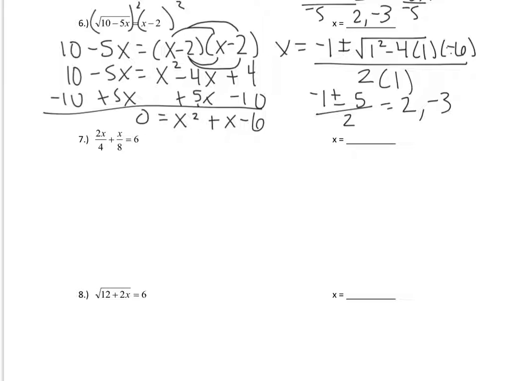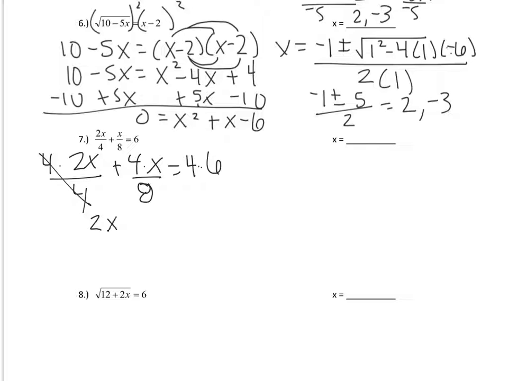I'm going to multiply everything first by 4 because we need to clear the fractions. So it's 4 times 2x over 4, and it is 4 times x over 8 equals 4 times 6. So these 4's cancel out, and I get 2x plus 4x over 8 equals 24.